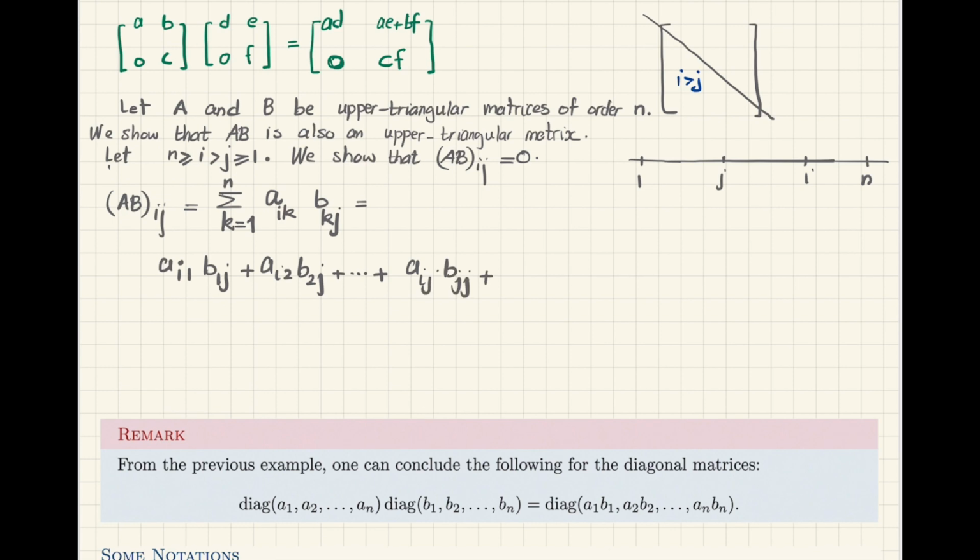The next one would be a_i,j+1 b_j+1,j. And then I continue until I reach i, so this becomes a_ii b_ij. And then I go to i plus 1.